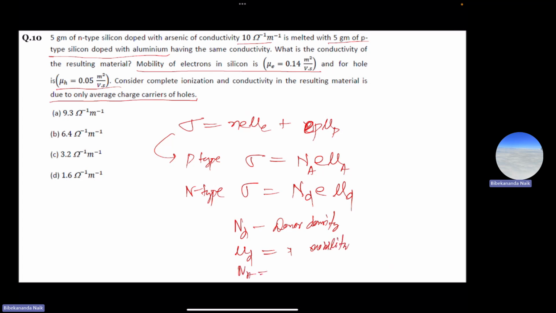Similarly, Na is the acceptor density and mu a is the acceptor mobility.